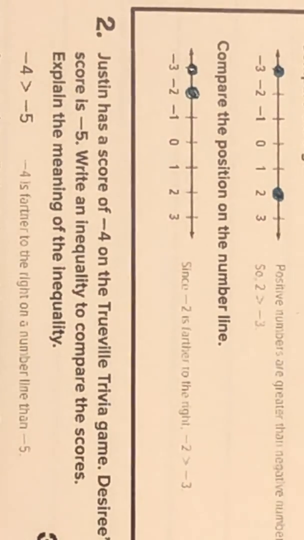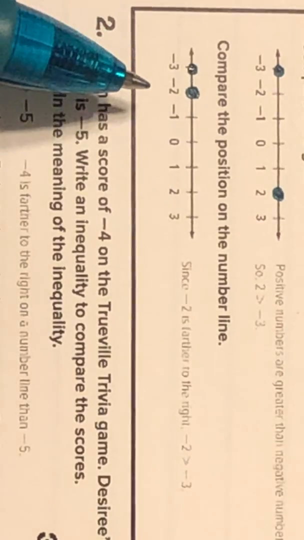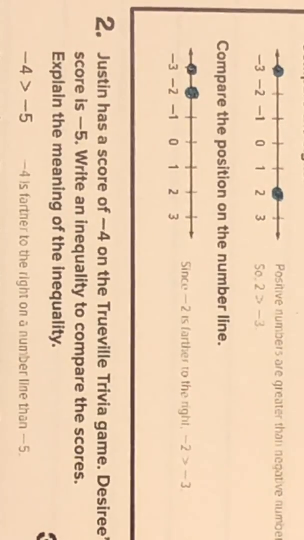I can also compare the position on the number line. So if I'm comparing -3 and -2, since -2 is farther to the right, -2 is bigger than -3. Okay?